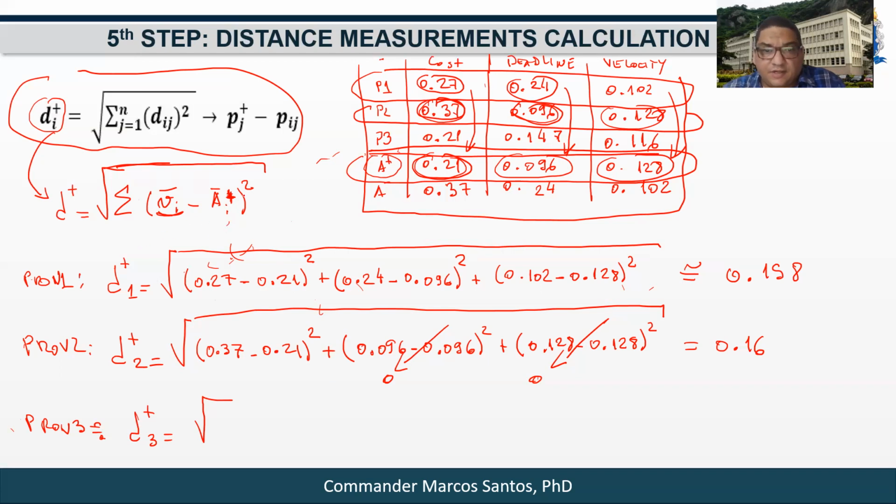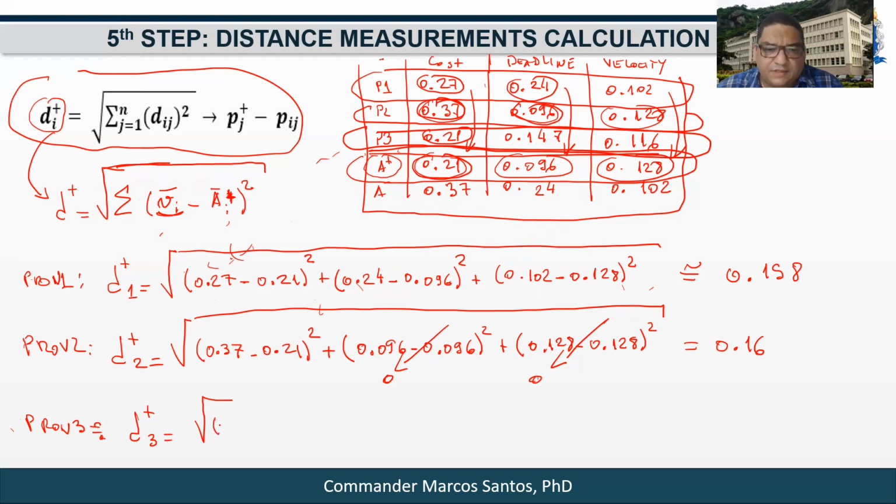I have the provider 3 and square root 0.21 minus 0.21 square plus 0.147 minus 0.096 square plus 0.116 minus 0.128 square. This is how I will find the result.